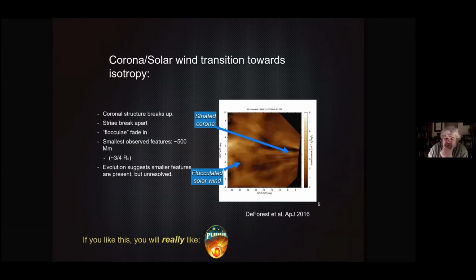And they have extremely sensitive coronagraph-like imagers. And even still, the raw images that you get from this instrument on STEREO don't look like this.